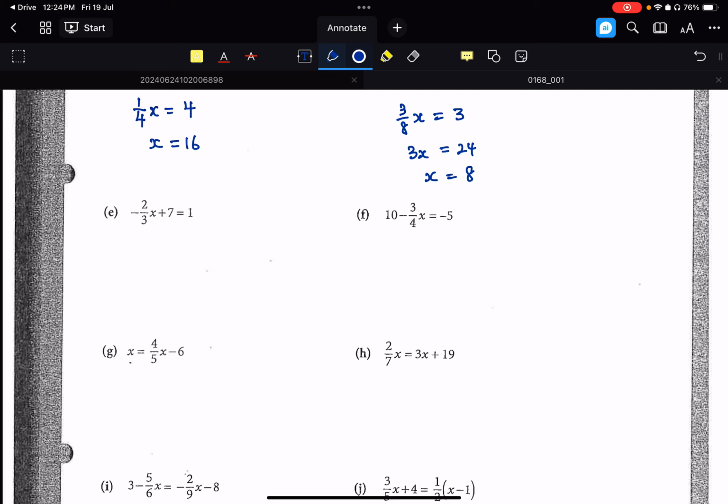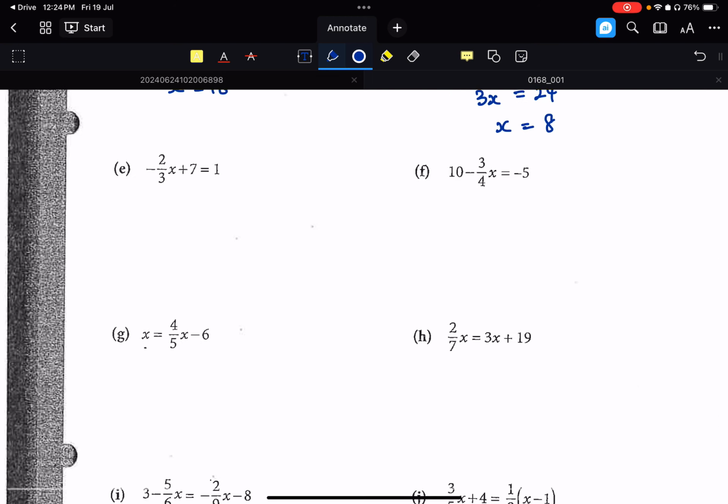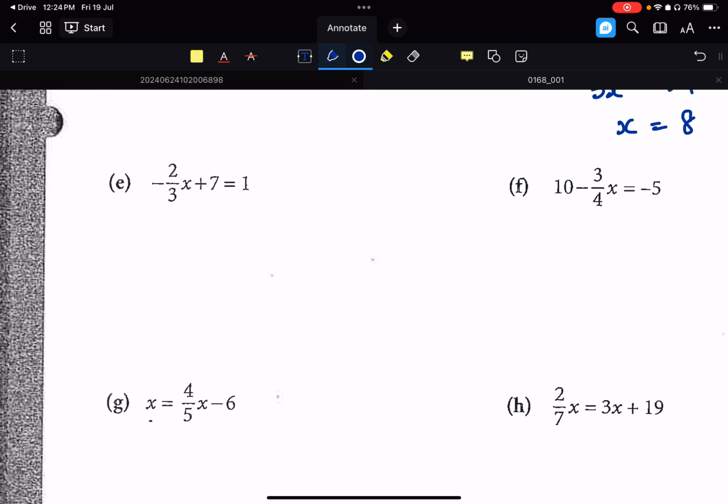Okay, right, moving on very quickly. We have negative 2/3 x equals negative 6, right? So down here we have negative 2x equals, multiply by 3, negative 18, x equals 9, right? Because negative 18 divided by negative 2 is positive 9.